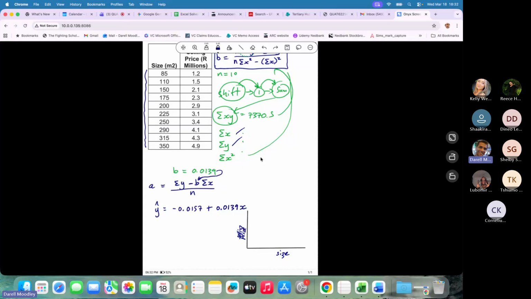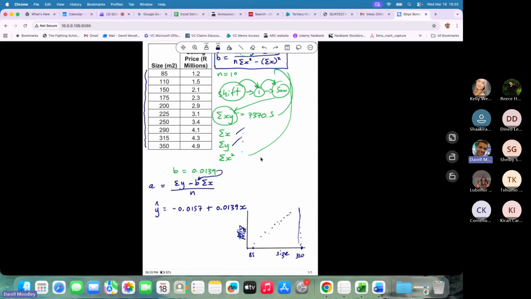The highest x value we got is 350, and the lowest x value we got is 85. So let's say 85 is there. That means our data only goes up to here, and stops there.